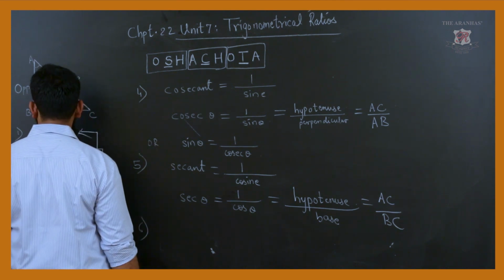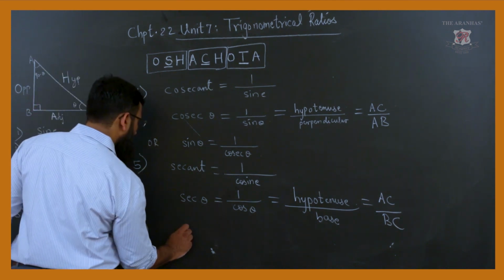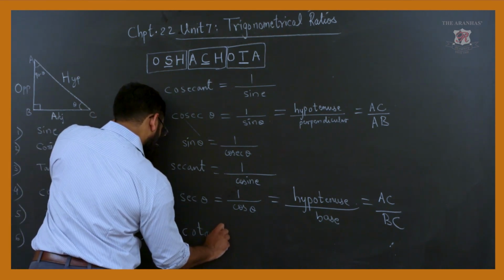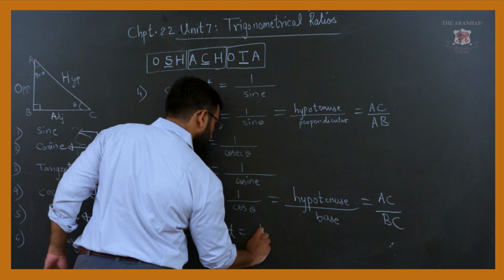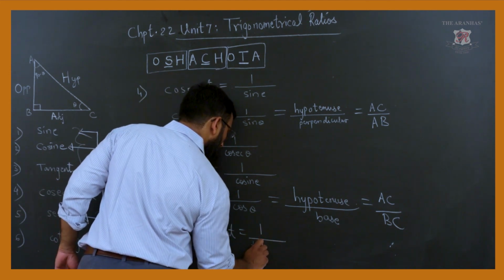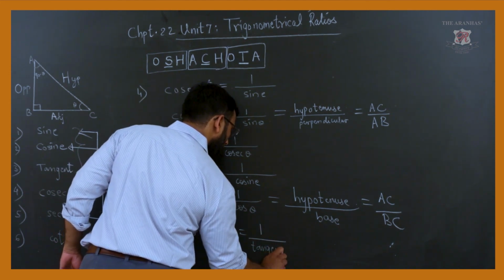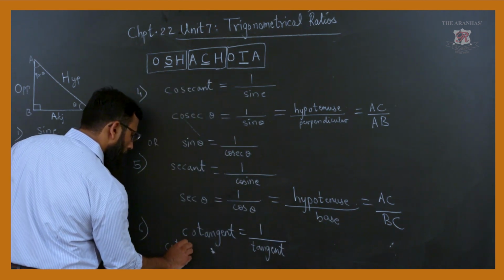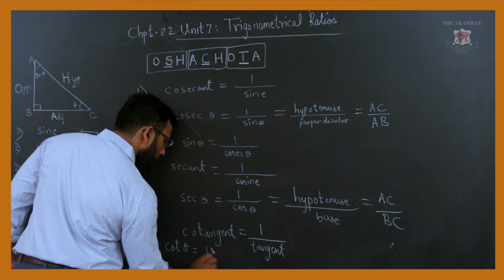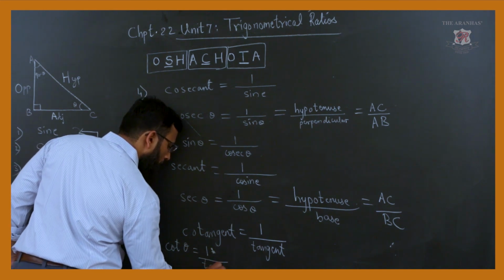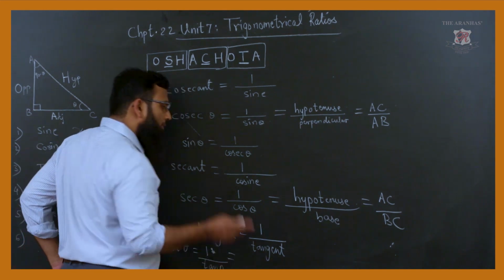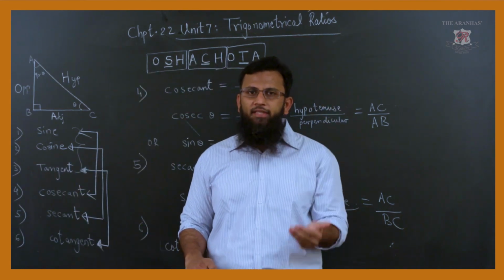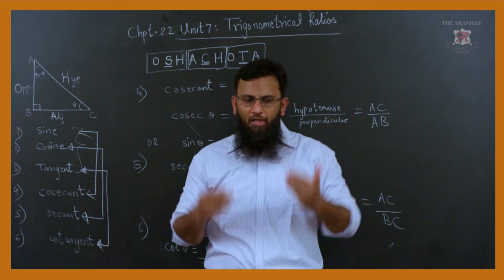And the last one is cotangent. Cotangent is the reciprocal of tangent, can be also written as cot theta is equal to 1 upon tan theta. And we have seen the definition of tan theta, it was opposite side to adjacent side, or also called perpendicular upon base.